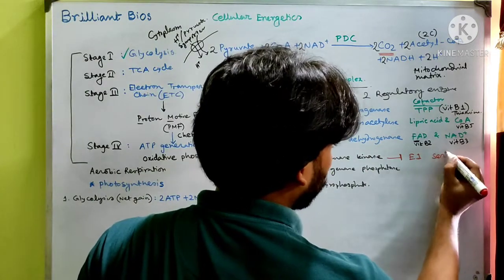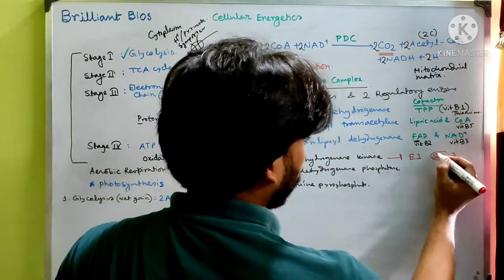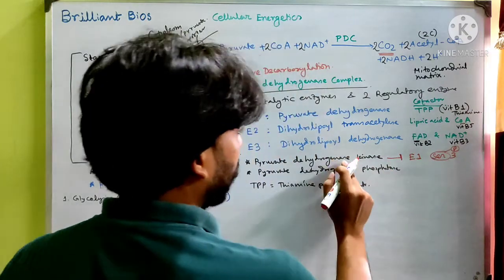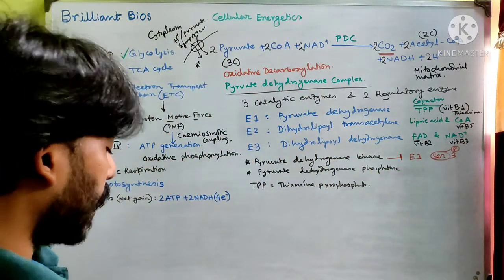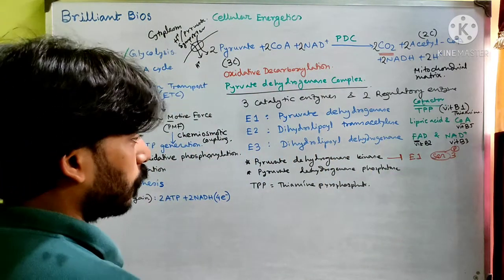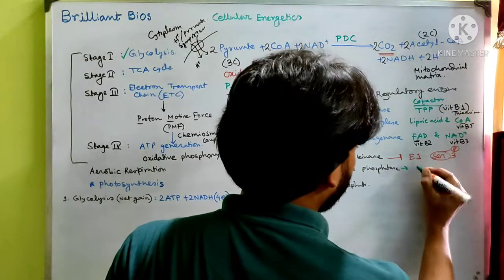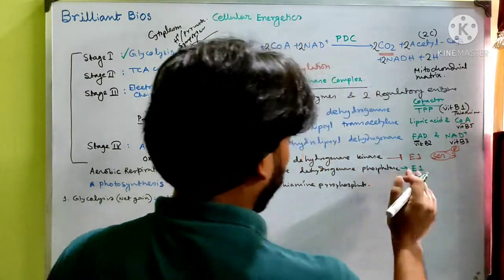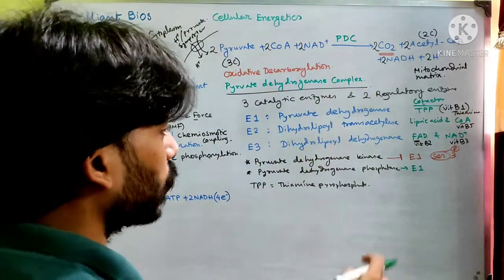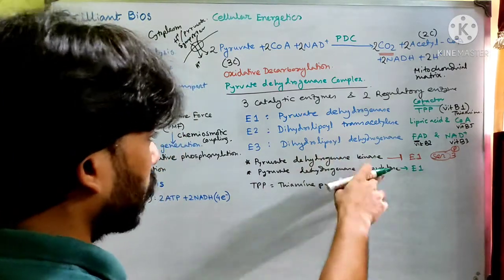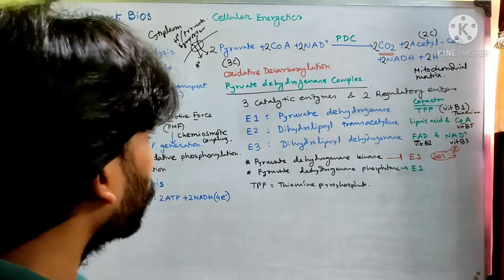You don't have to remember this. There are 3 serine residues that get phosphorylated by this kinase and get inhibited. And the opposite role is performed by phosphatase. So remember that if the phosphate group is removed, E1 gets activated. So this is the regulatory function of these 2 proteins.